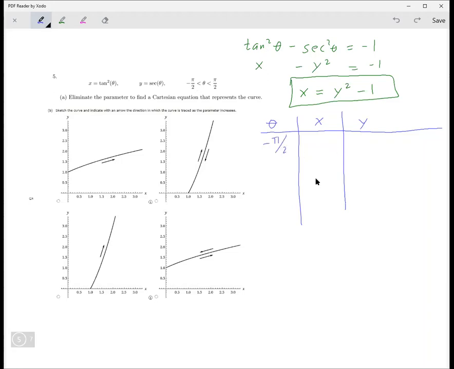Tangent of -π/2 is, what is tangent of -π/2? Okay, well, that's a good question. So here's -π/2 down here. Maybe if I drew this in black.